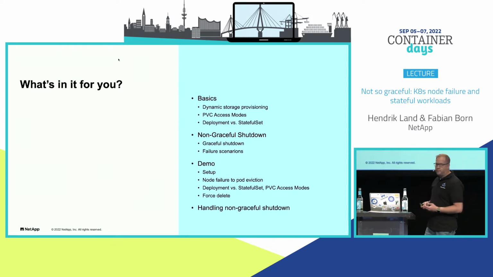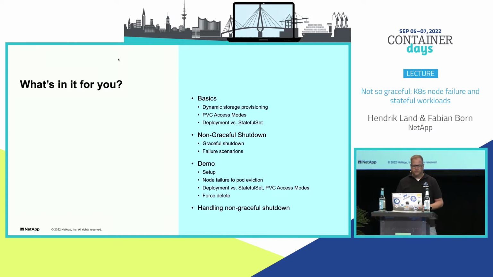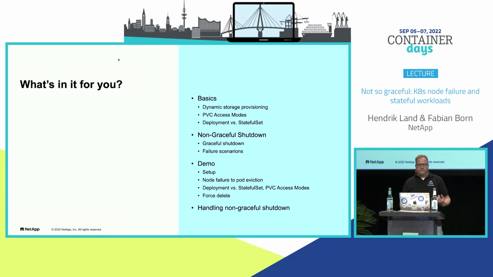After the basics, we want to talk about the non-graceful shutdown. We have some demos prepared, which Hendrik will show you later. And after the demo, we will give you some tips and tricks for handling a non-graceful shutdown.